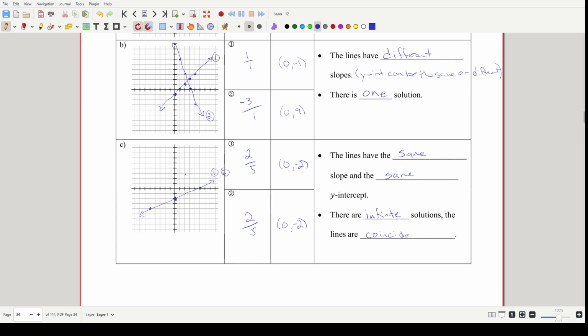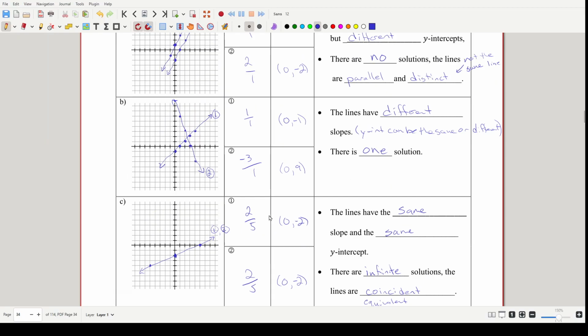That's a funny big word. There's a lot of synonyms for this word. You could use equivalent. Or if you really want to keep it simple, you could just say they're the same line. All three of these things mean the exact same thing. Coincident is the correct mathematical term that we use, though.